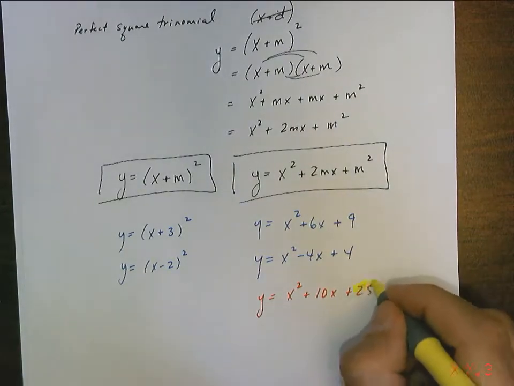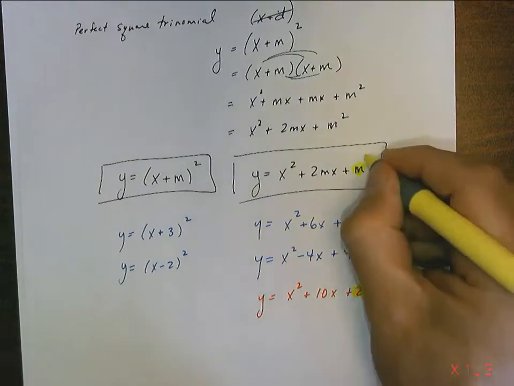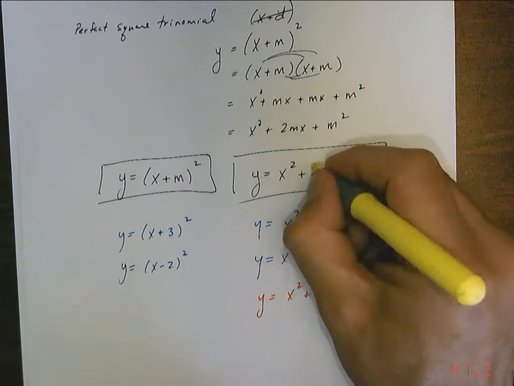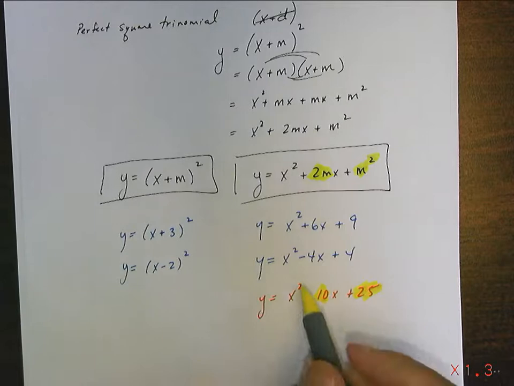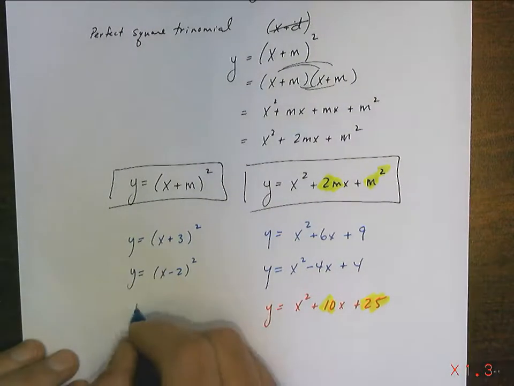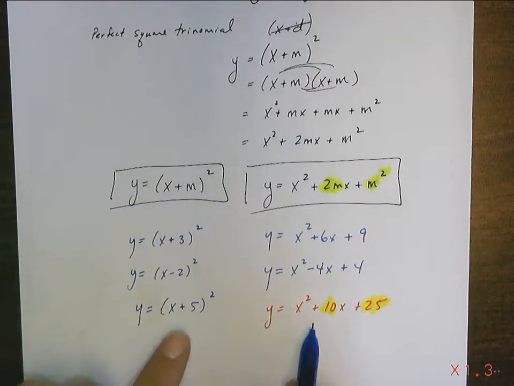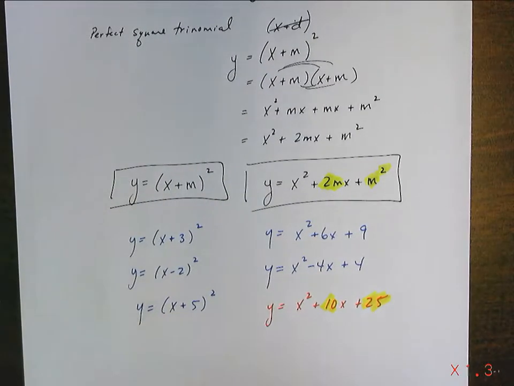Number 1, it's here: m squared equals 25, so therefore m equals 5. And it's here: 2m equals 10, which means my magic number again is 5, which means my magic number squared is this trinomial factored. Oh my goodness! How cool is that?